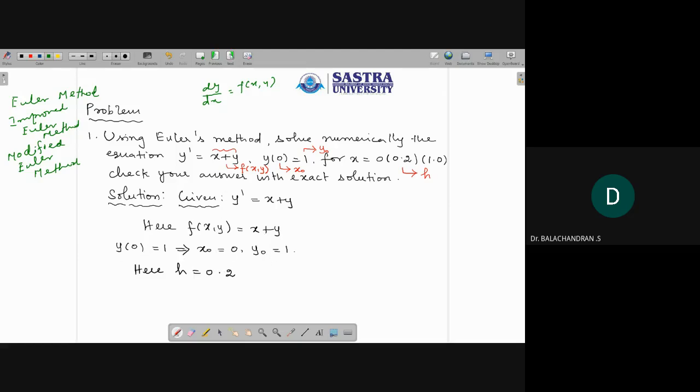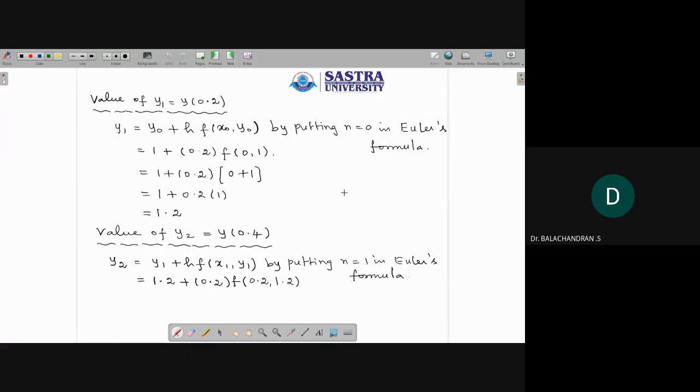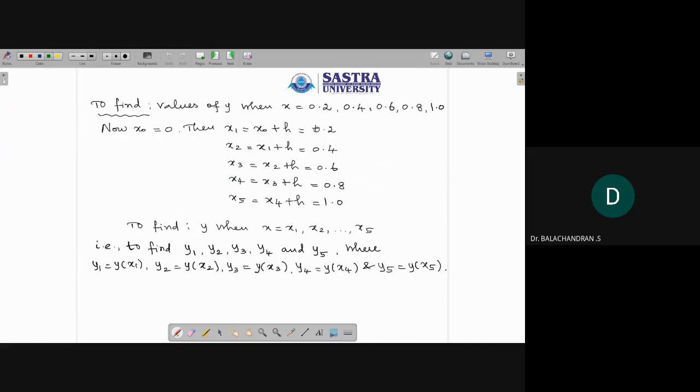Okay. Next we should find the values of y when x is equal to 0.2, 0.4, 0.6, 0.8, 1. Even though it starts from 0, when x is equal to 0, we know the y value is 1. So it is better to start from x equal to 0.2.